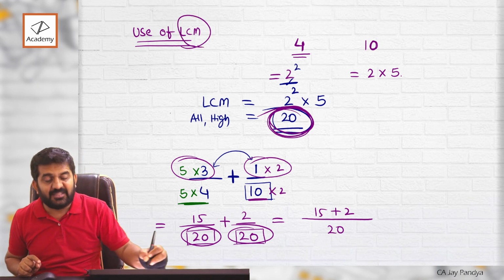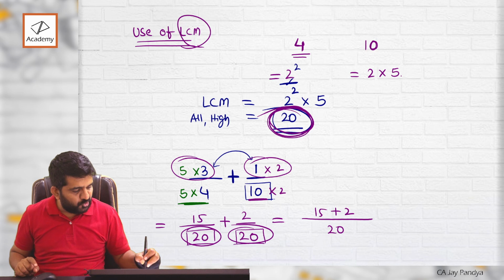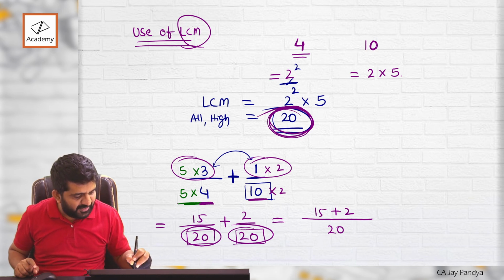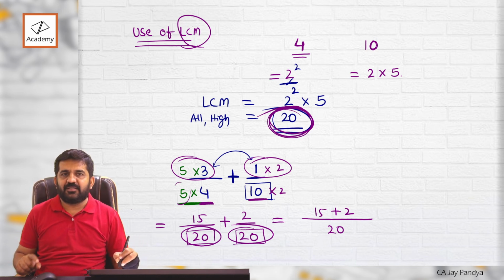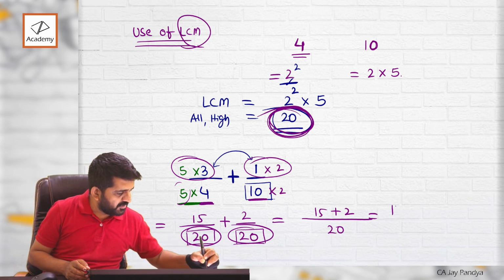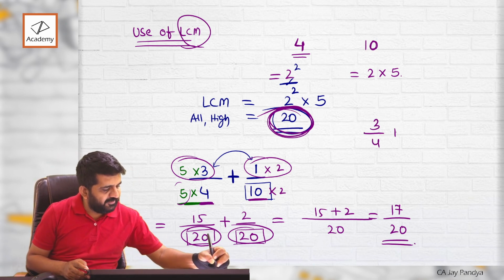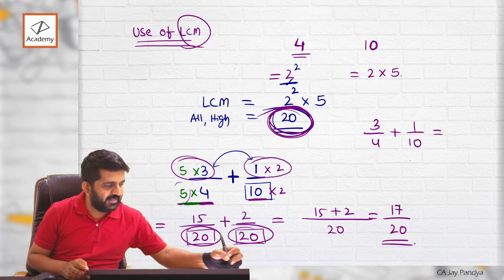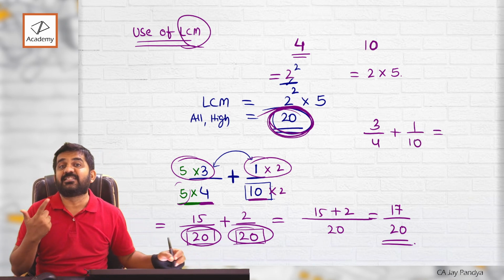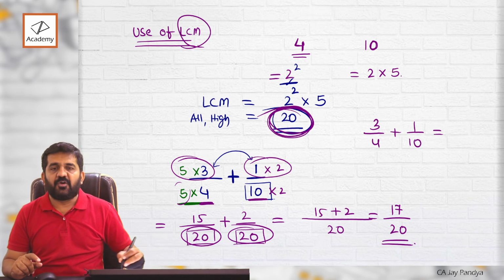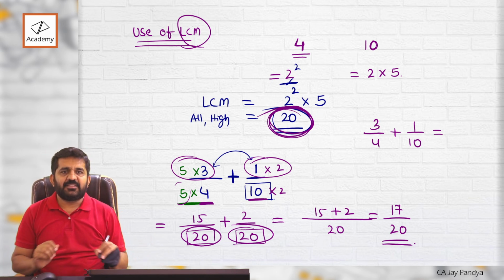See, the use of LCM. If I did not know that this should be 20, I would not have multiplied by 5. So this is the use. What is the ultimate answer? 17 divided by 20. To solve 3 divided by 4 plus 1 divided by 10, what was helpful? LCM was helpful. One of the uses of LCM.